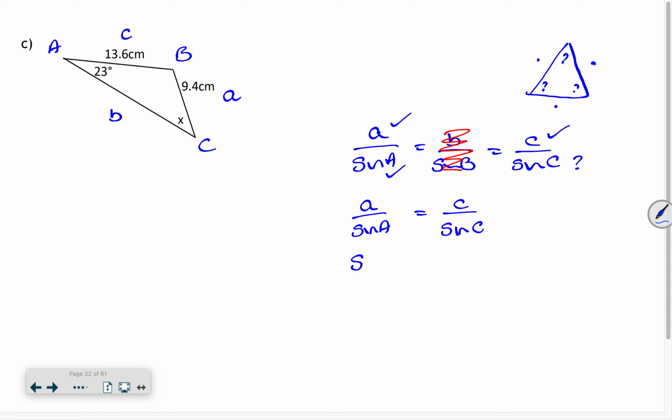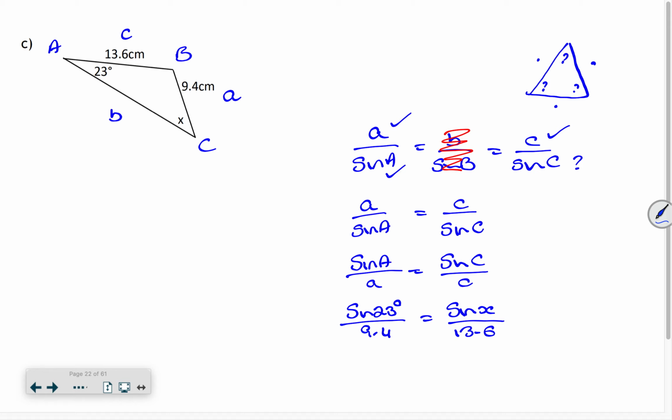So that will give me sine A over A is equal to sine C over C. That allows my variable to be on the top. Now I can just go ahead and sub in. So that's going to give me sine 23 over 9.4 is equal to sine x over 13.6.